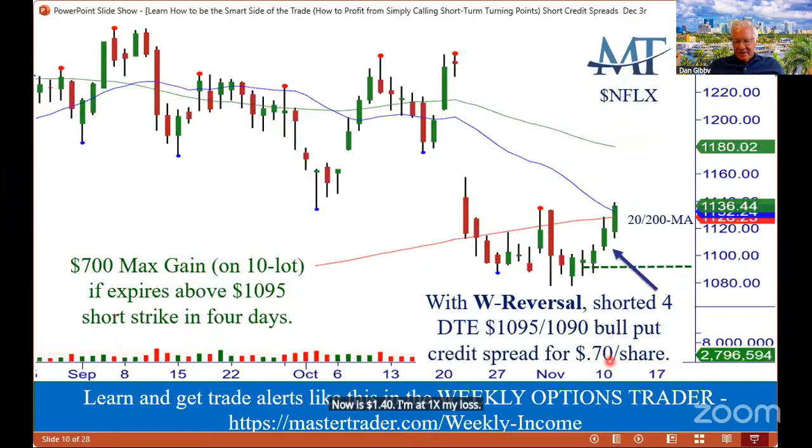It's just a rough rule that this should not have happened. It should not have doubled against me after I entered it so quickly. Something's not right. You can just kill it at $1.40, and then you've lost 1-to-1 is all.